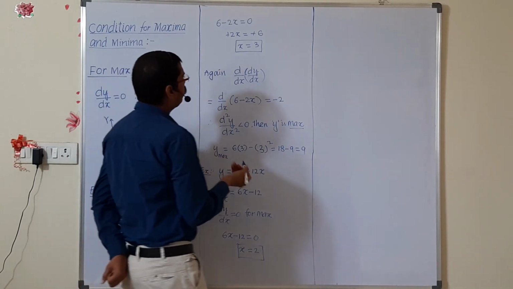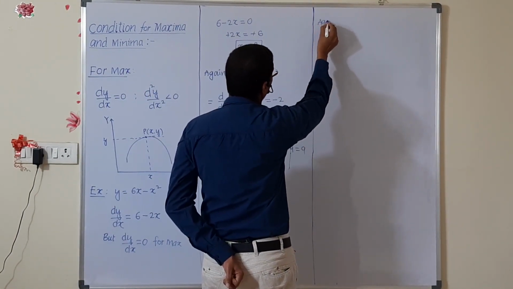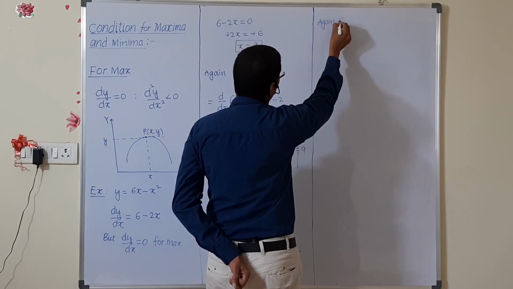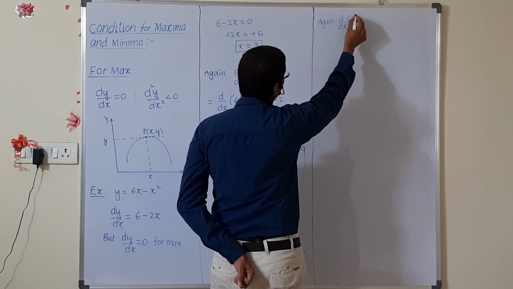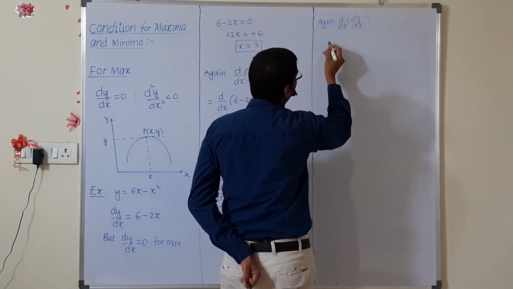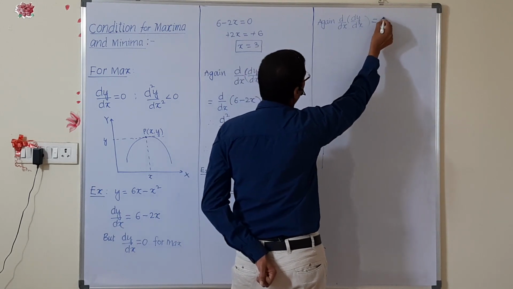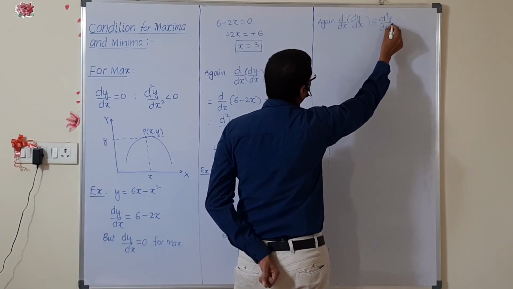Now again we have to do the double differentiation. Again d/dx of dy/dx is nothing but d²y/dx².